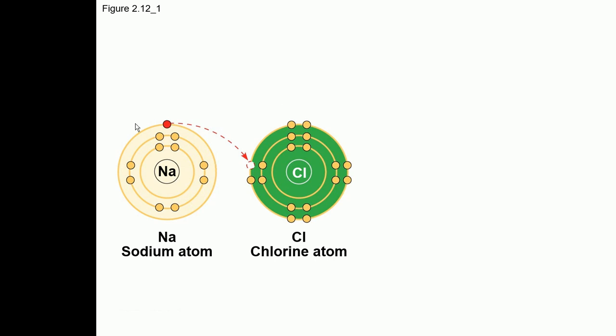So sodium will lose this electron and chlorine will gain this electron. When sodium loses this electron and chlorine gains it, sodium has 10 electrons and chlorine has 18 electrons. This way both become stable.